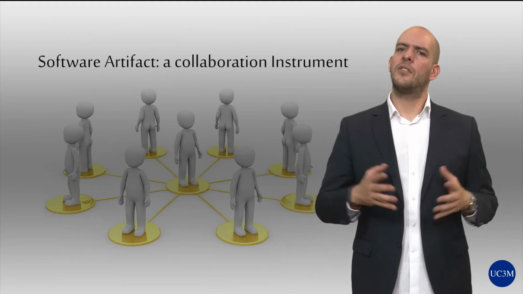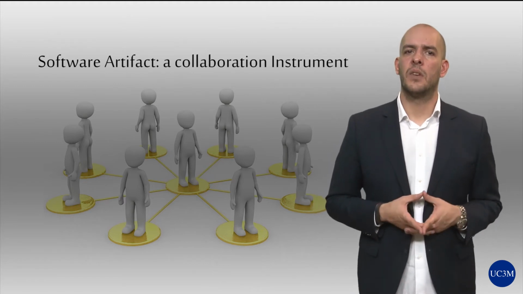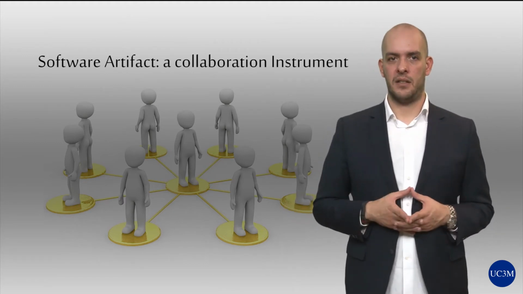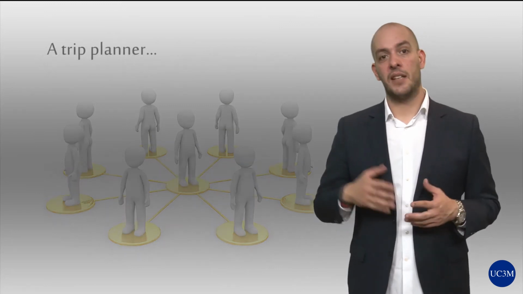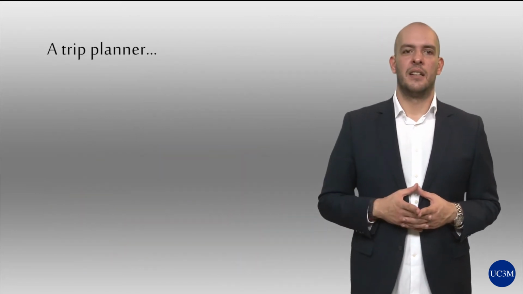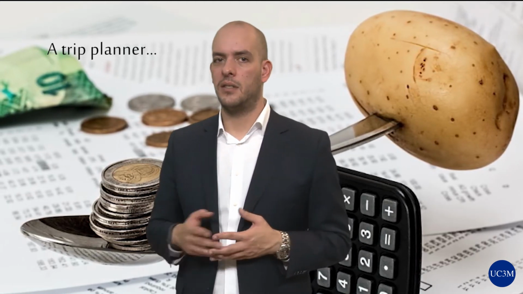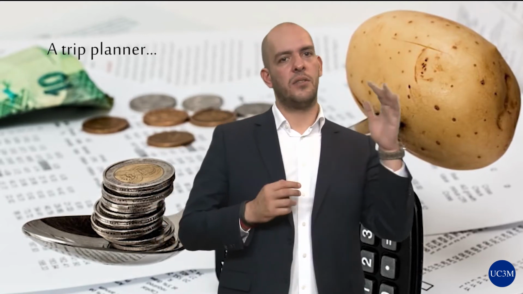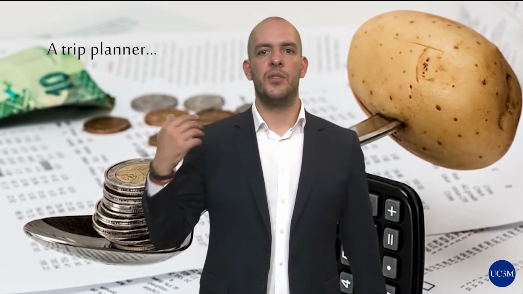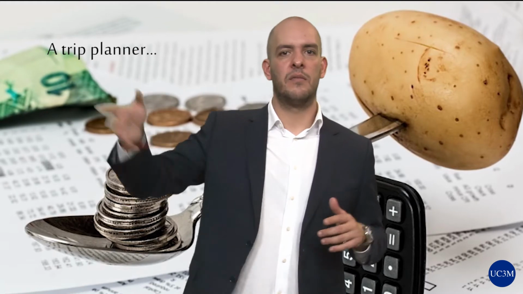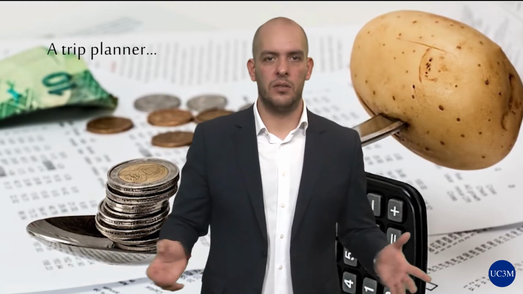So let's introduce an example of a system in the context of smart systems. A trip planner. When we visit a new place, we usually look for the main points of interest according to our tastes. For instance, I would like to visit this cathedral, this museum, and to eat in some restaurant, the typical local food.